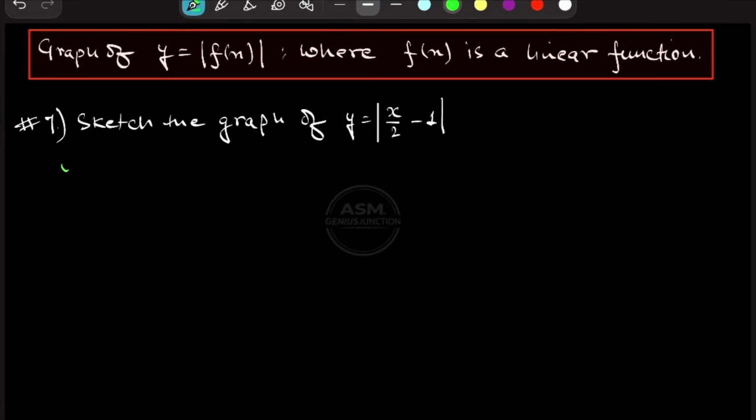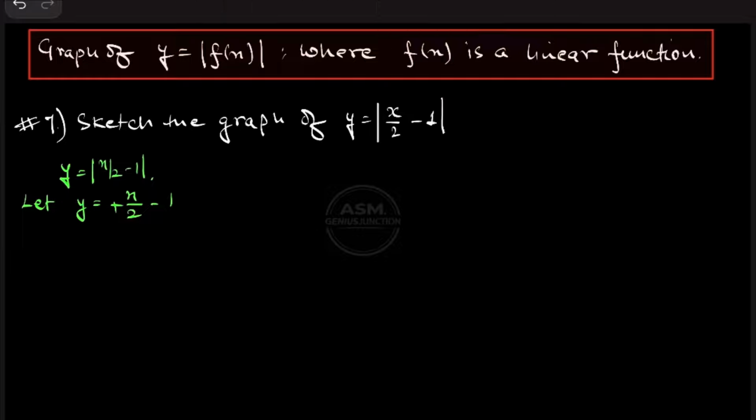This is your equation, y equals mod x by 2 minus 1. For an instance, I will say let y equals minus x by 2 minus 1, sorry, plus x by 2 minus 1. Okay, so when I will write it in this way, I can take points to plot the graph of it.